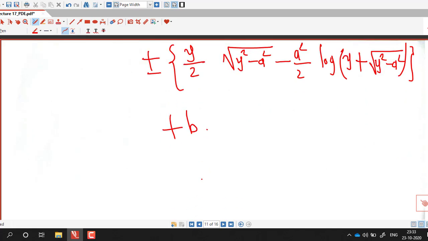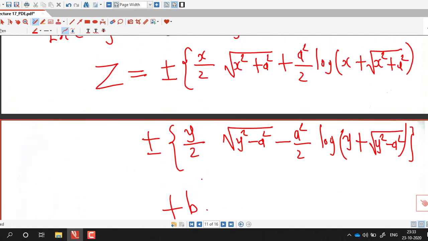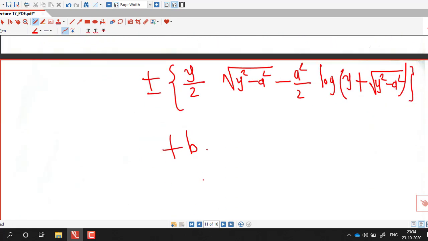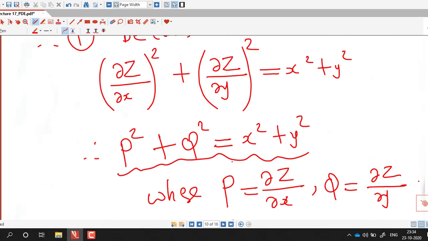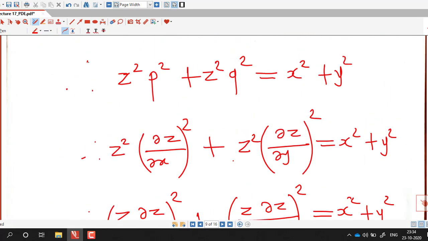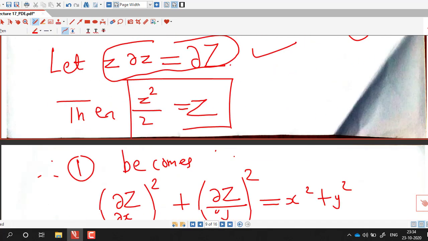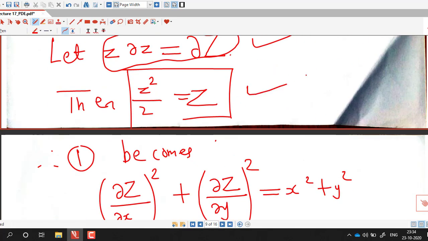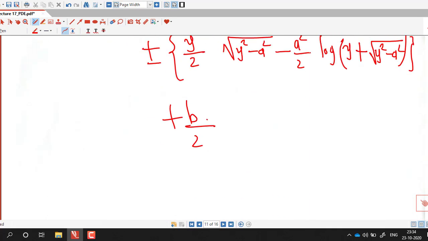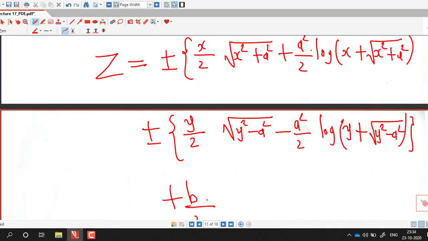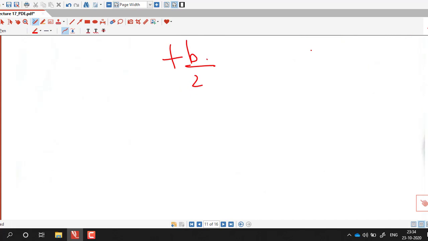And finally we put the value of capital Z, and here we adjust b as b by 2. Now the value of capital Z is Z square by 2. So we put Z square by 2 in terms of Z, because now we have done the process of solution.